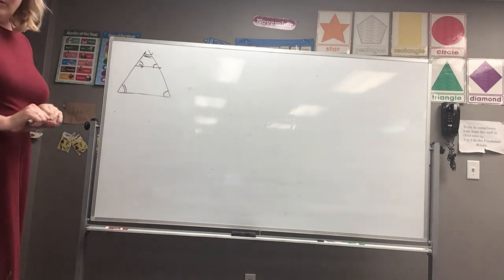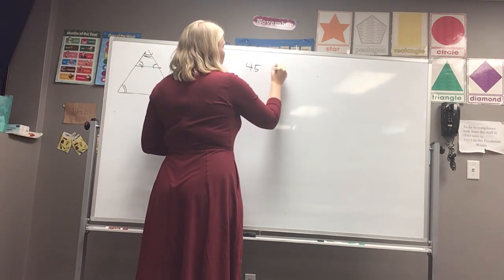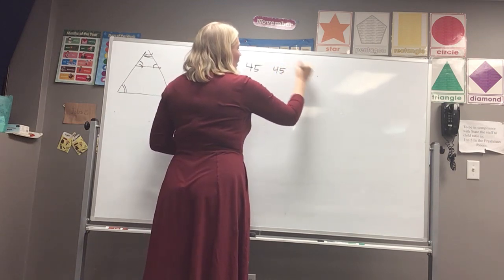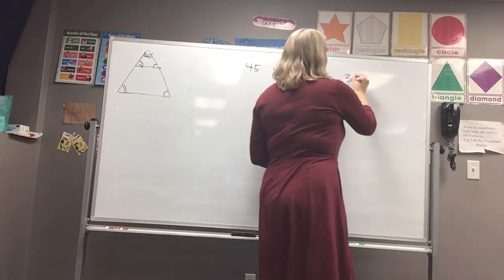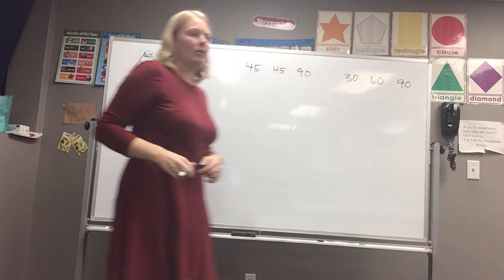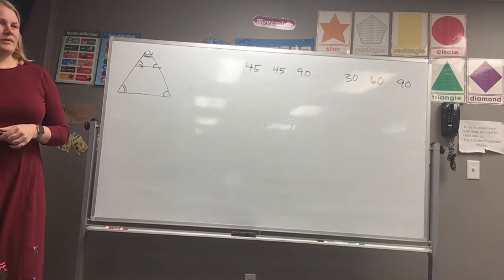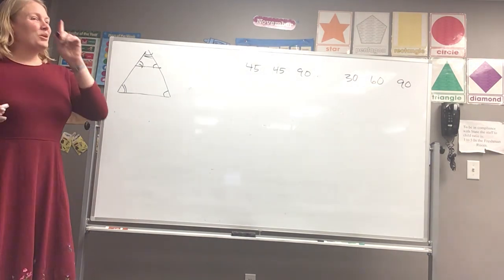What are the ratios of the side lengths of a 45, 45, 90 triangle and a 30, 60, 90 triangle? That ties into the problem that we just did. Might just be 1, 1, 2 for the first one. Not 1, 1, 2.